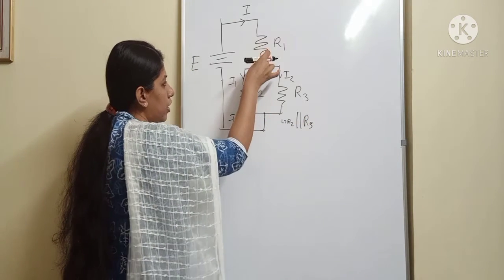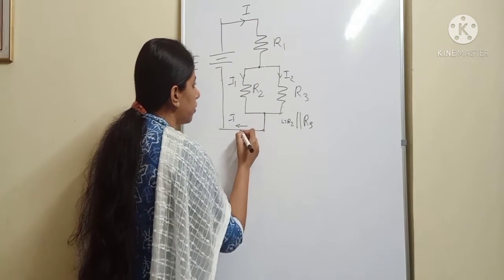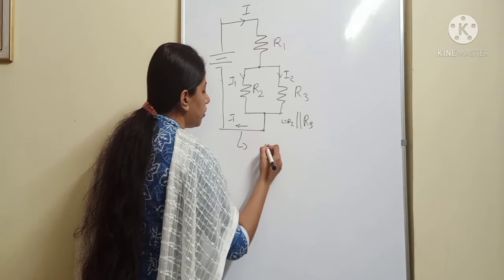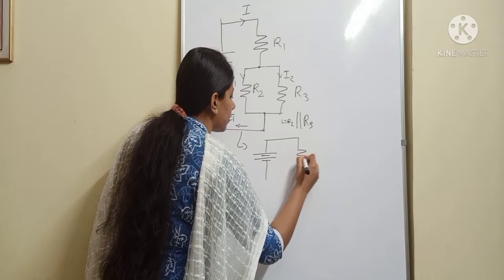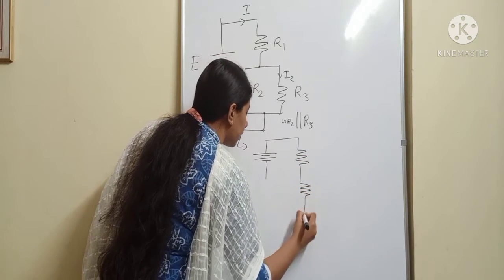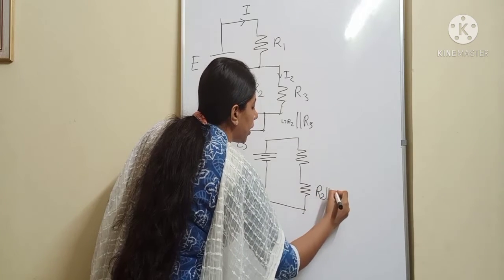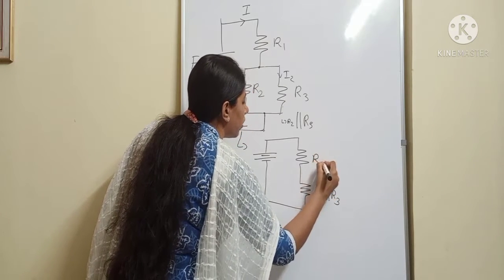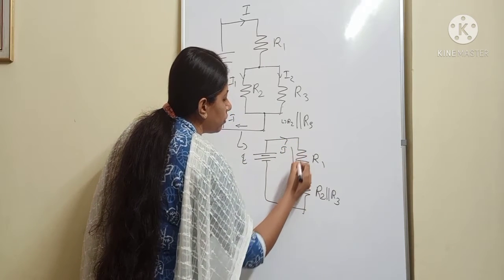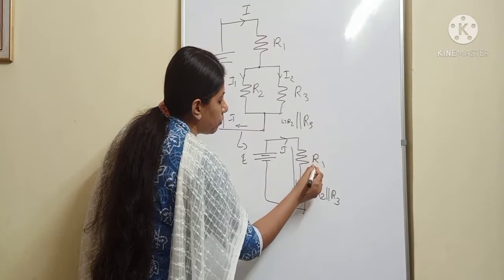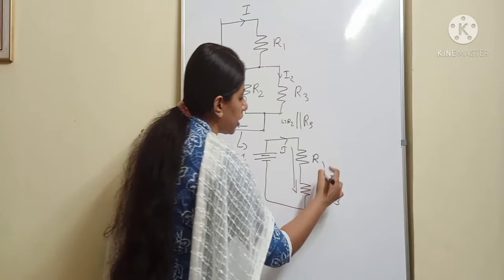Now this particular combination is in series with R1, because if you redraw this circuit, it can be written like this: R2 parallel R3, and this is R1. Now the same current I is flowing through both R1 as well as R2 parallel R3, which means these two are in series.